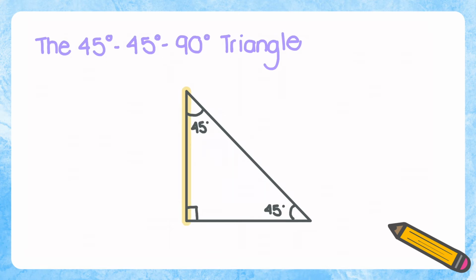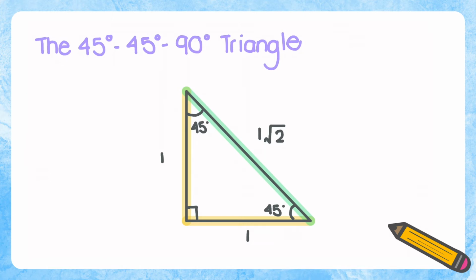So this side, which is a leg, has a side length of 1, and so does this leg over here, also 1. And the hypotenuse length is 1 times this radical 2.